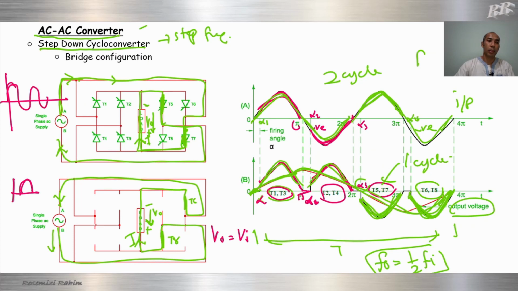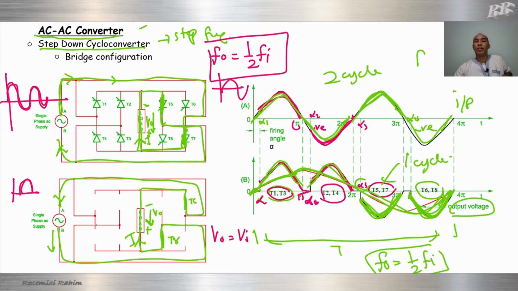Okay, 1 cycle, 2 cycles. Our output will be just 1 cycle. So output is half of the input. Alright, this one is step down. So we step down our converter. Output is half of the input. We use bridge configuration. Okay.